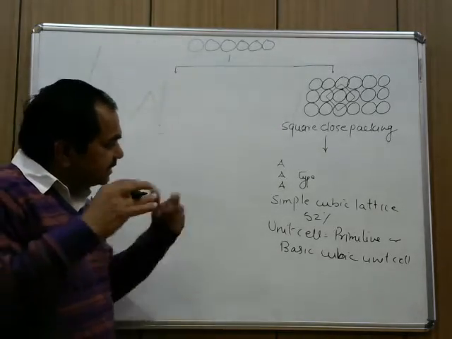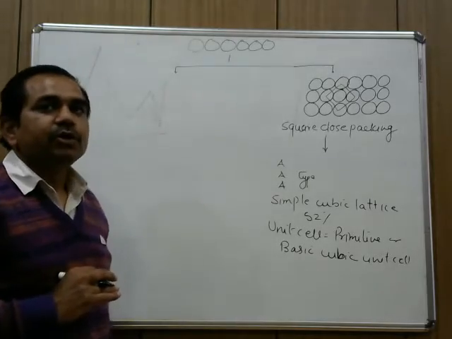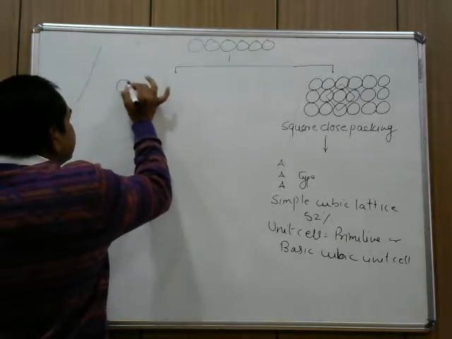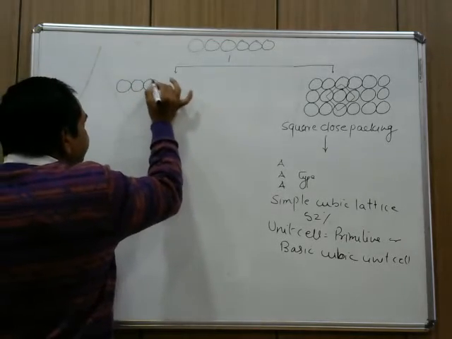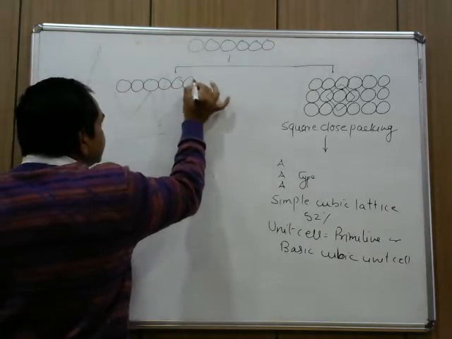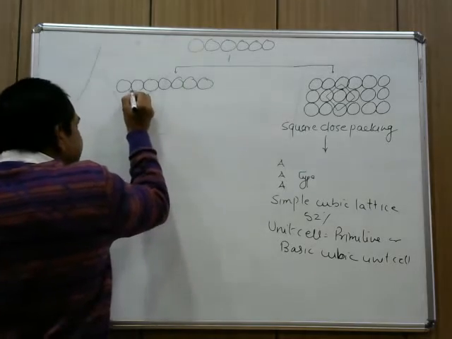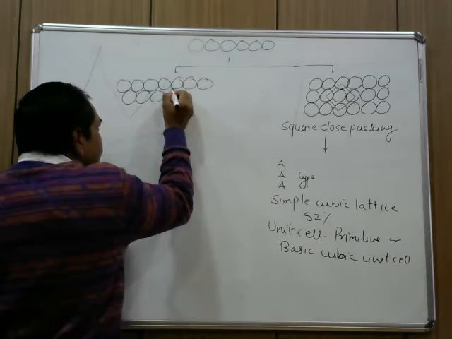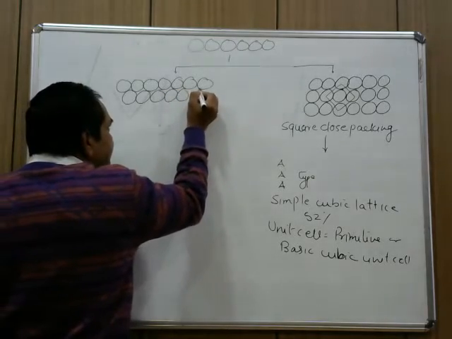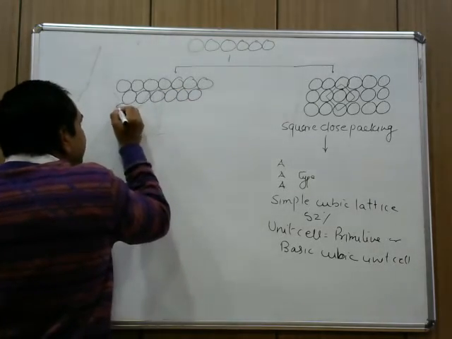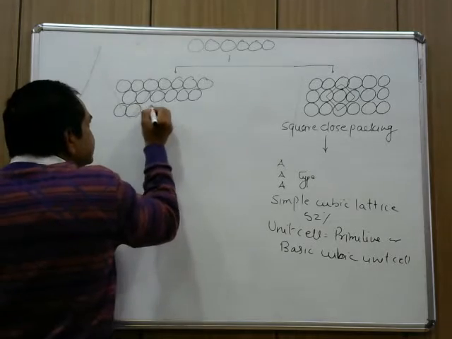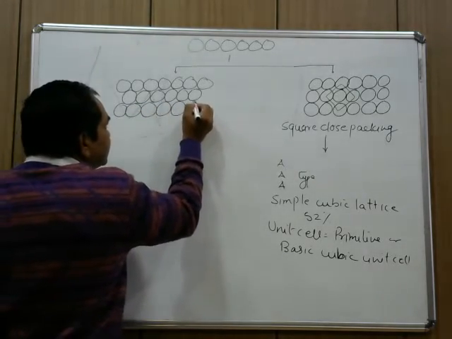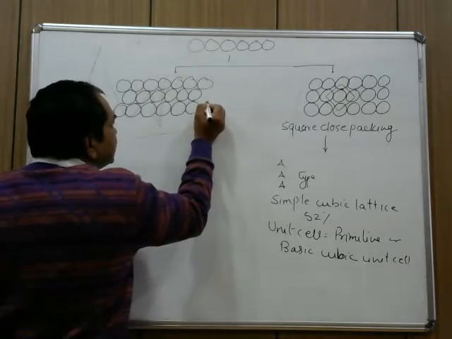Now there is another way of making two-dimensional packing, in which these are the spheres of the first row. When spheres of the second row are made, they are started in the grooves of spheres of the first row, and then again the third row spheres are the same as those of the first row.